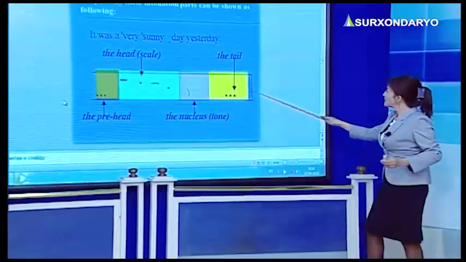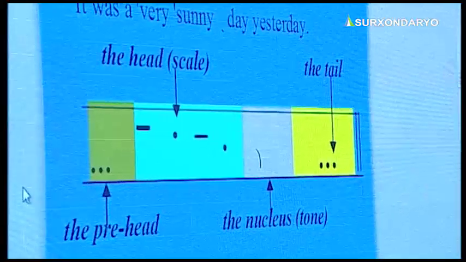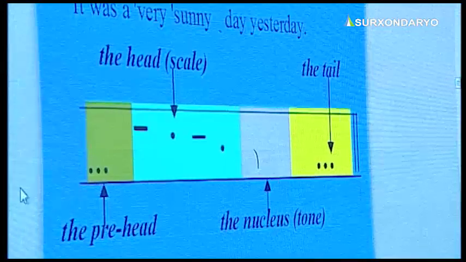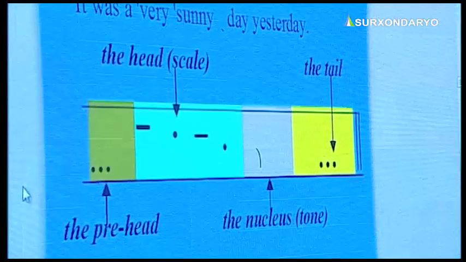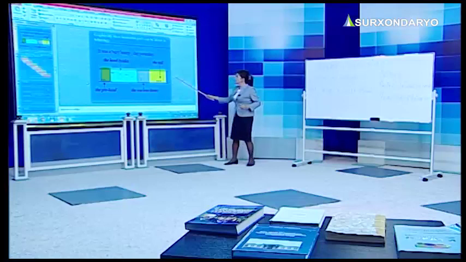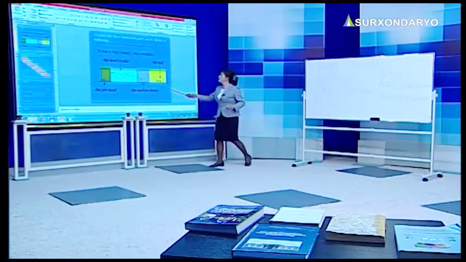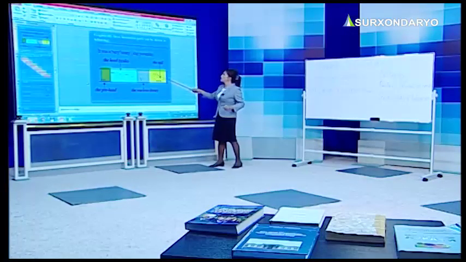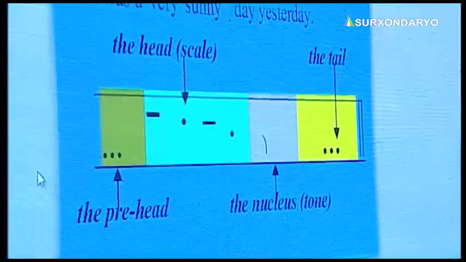And after the nuclear here, "yesterday." The word yesterday has three syllables and they are unstressed ones. That's why they are the tail. Yesterday. Now pay attention to my intonation. It was a very sunny day yesterday.